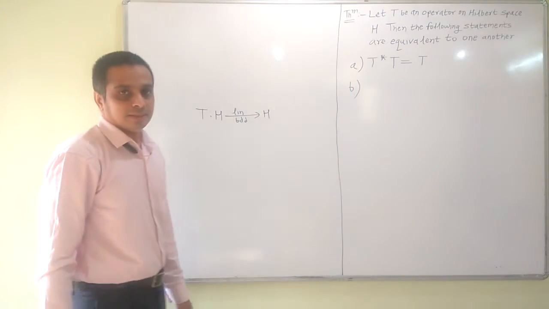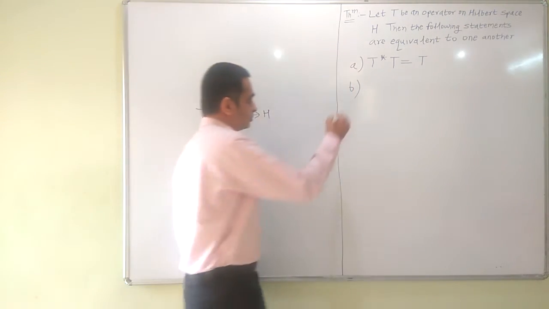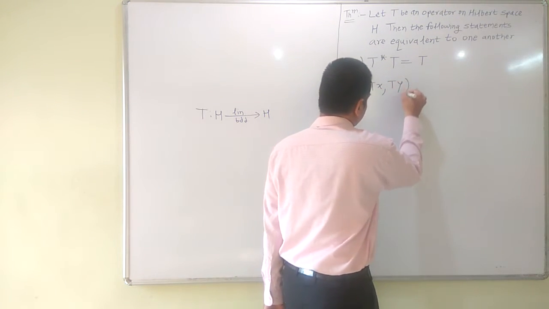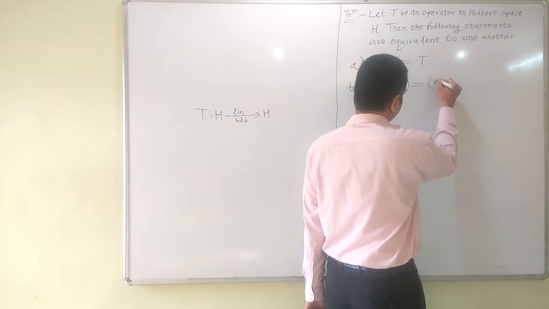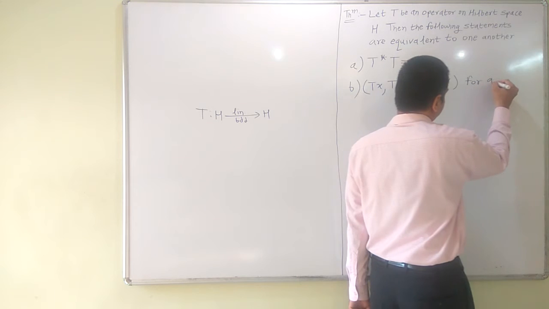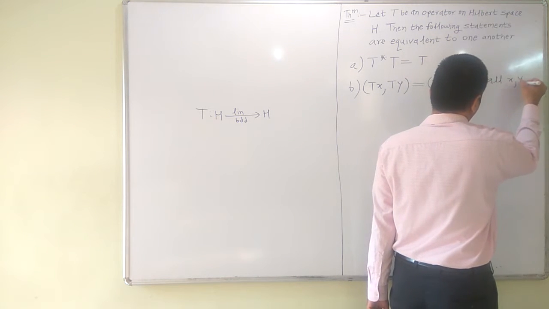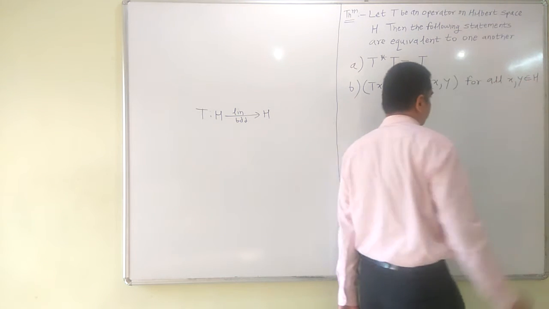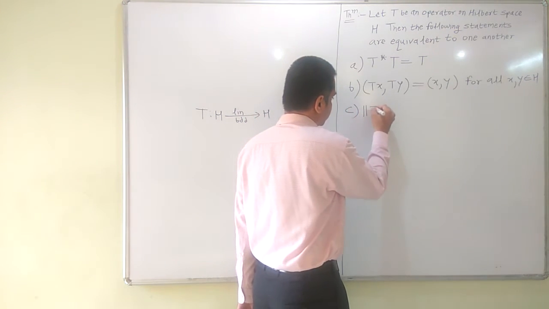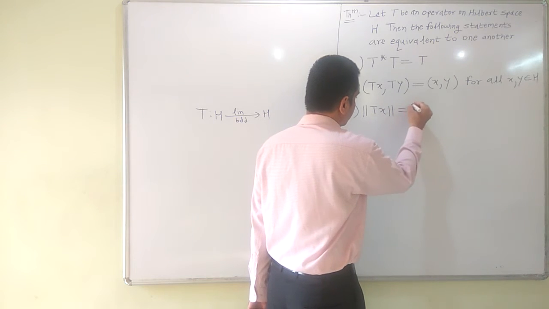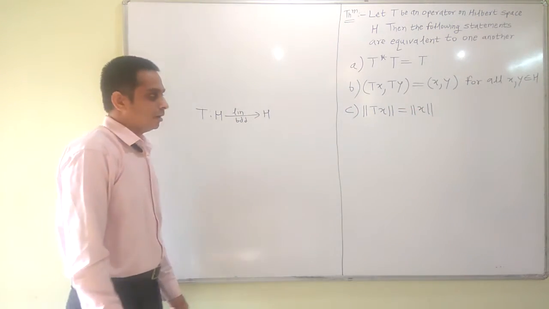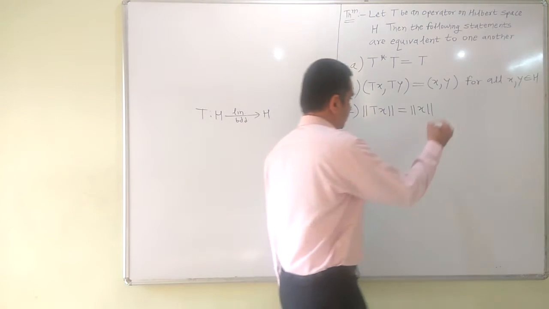Second statement is that inner product of Tx and Ty is equal to inner product of x and y for all x, y belongs to H. The third statement is that norm of Tx is equal to norm of x for all x belongs to H.